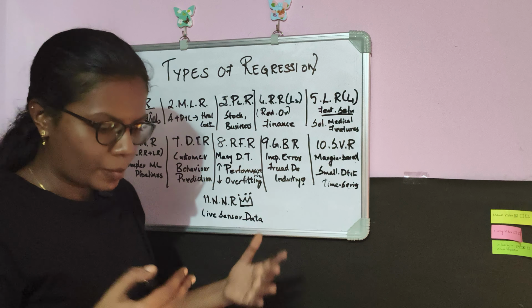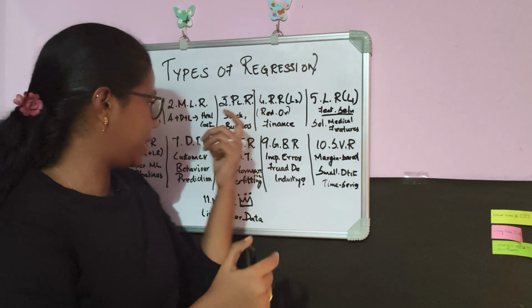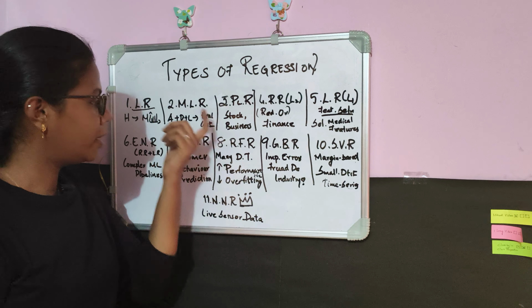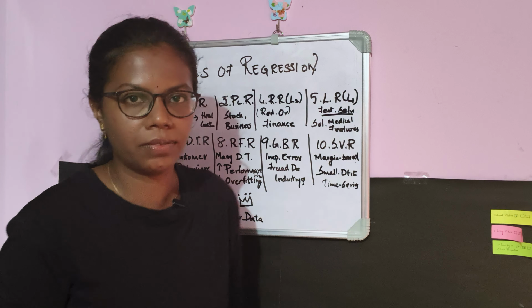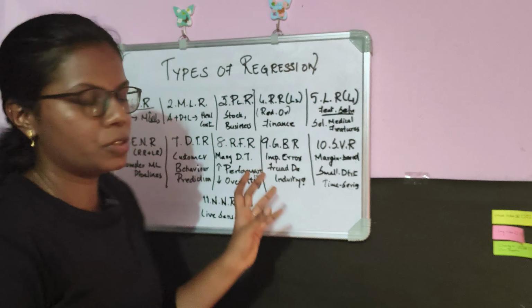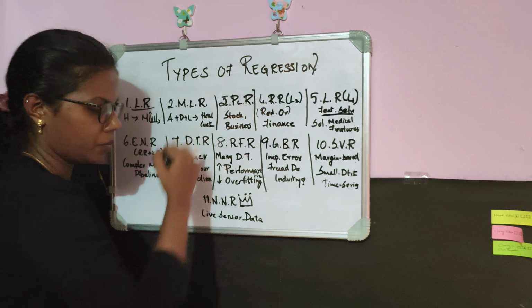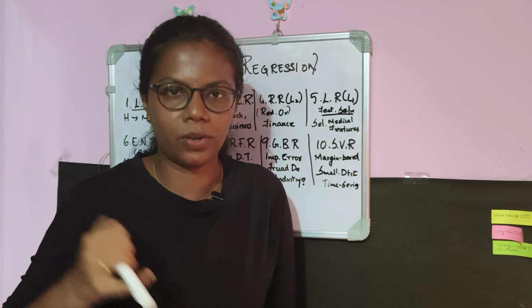For example, if my goal is to predict the healthcare cost of a particular person based on their age, their lifestyle, and also their disease, what kind of disease they have. So based on all these columns, I'm trying to predict their healthcare cost. In this scenario, all these columns have a direct relationship to healthcare cost, right?